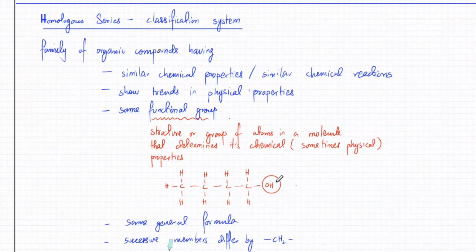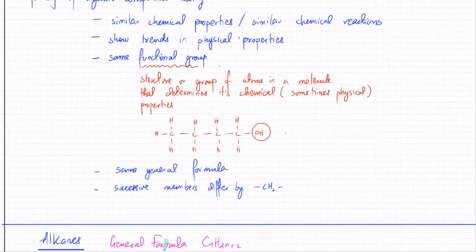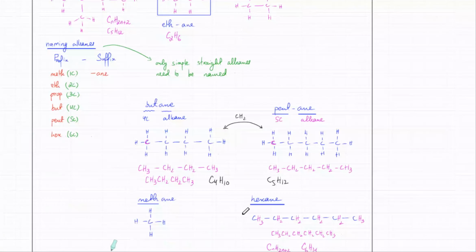It's a bunch of atoms or a particular structure in the molecule that actually takes part in the reaction. So it's a structure or a group of atoms in a molecule that determines its chemical and sometimes its physical properties as well. They have the same general formula, and so this is what we are working on.